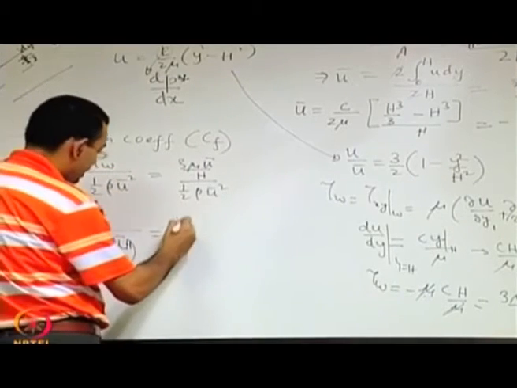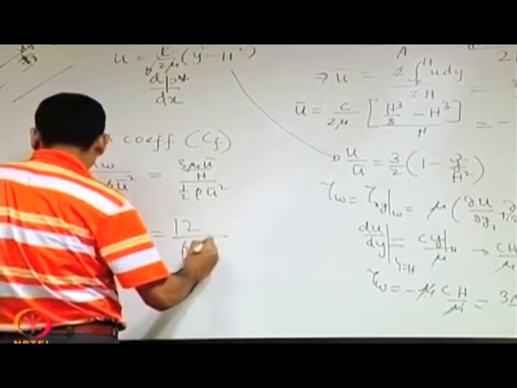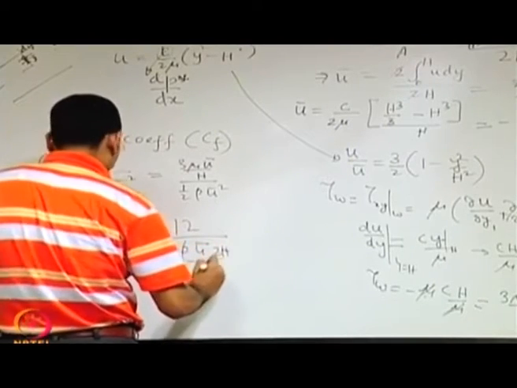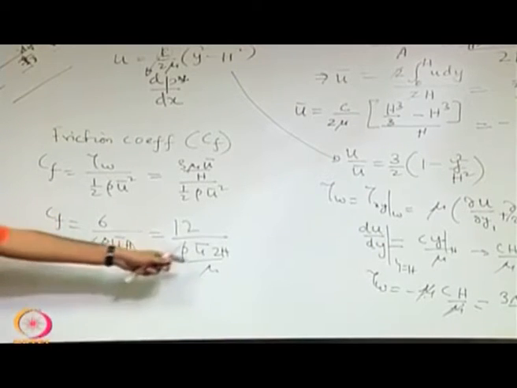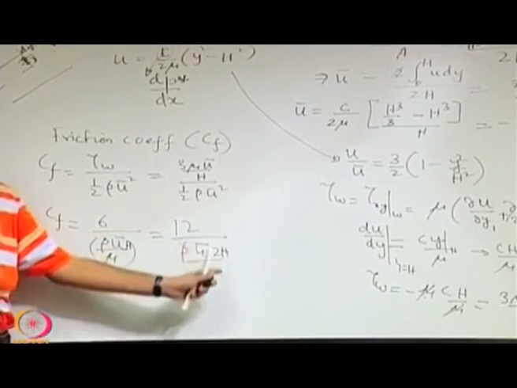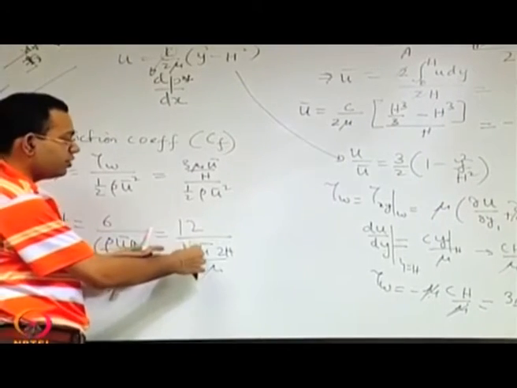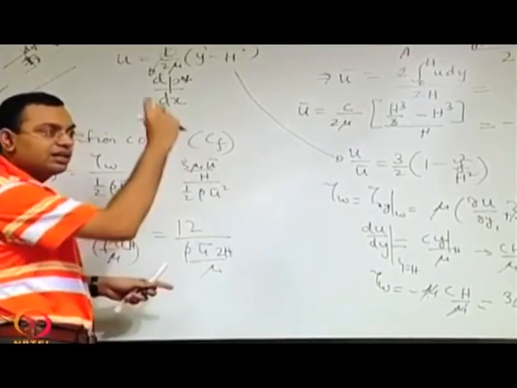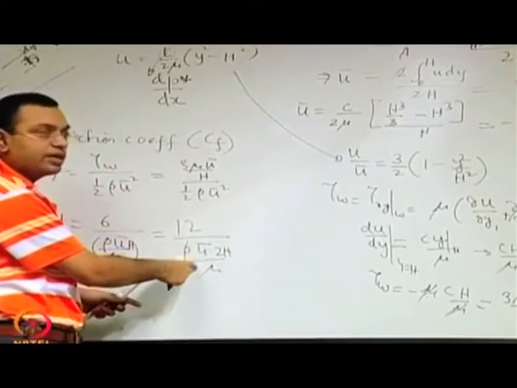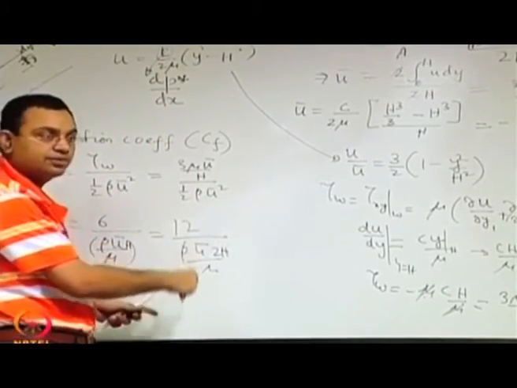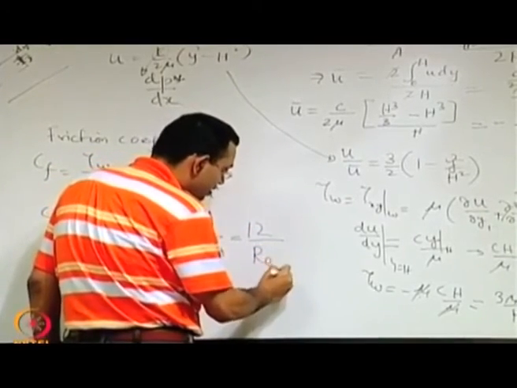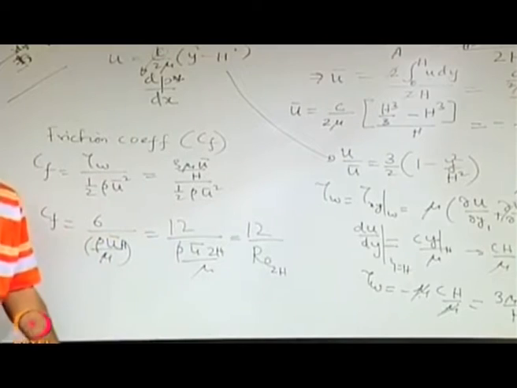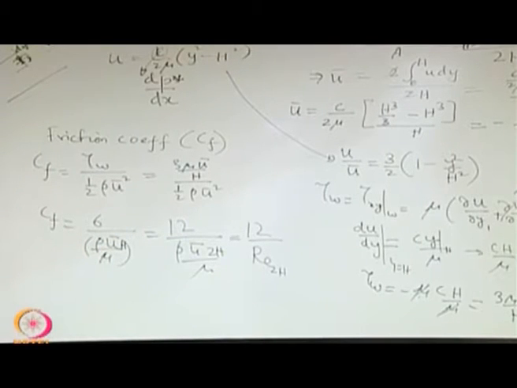So this you can write as 12 by rho U average into 2H by mu. And importantly, this rho U average into 2H by mu represents what? If you see rho into velocity into the characteristic width of the channel divided by mu, it is a Reynolds number. So this is 12 divided by a Reynolds number based on the length scale 2H, which is the distance between the two plates.